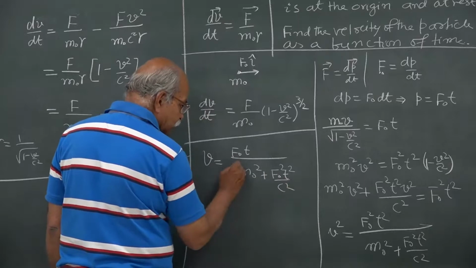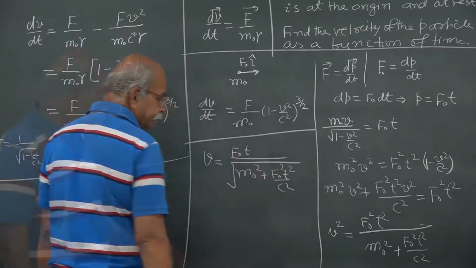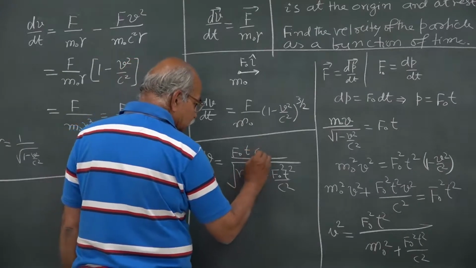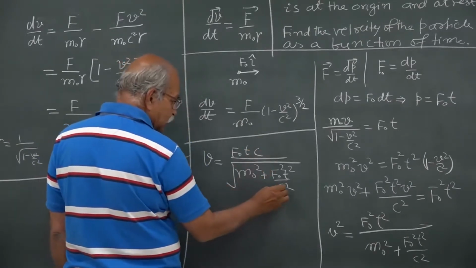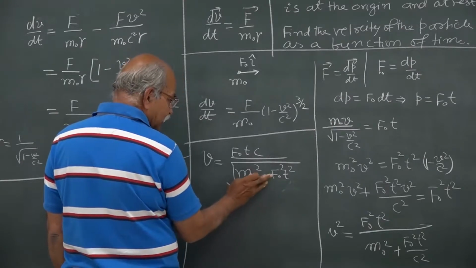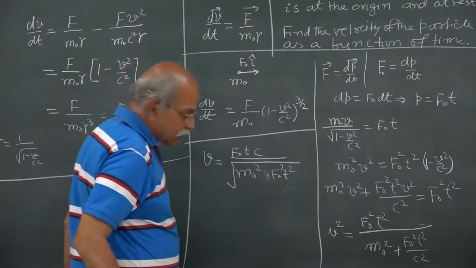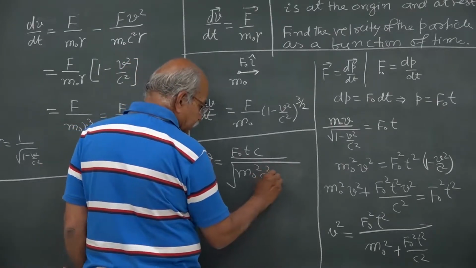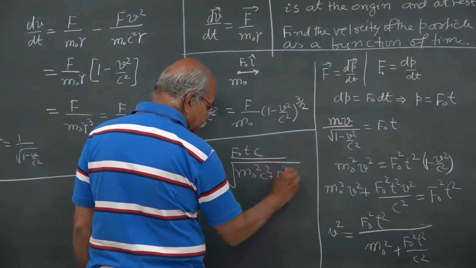Let me multiply numerator and denominator by c. So, this becomes F naught t c divided by the square root of m naught square c square plus F naught square t square.